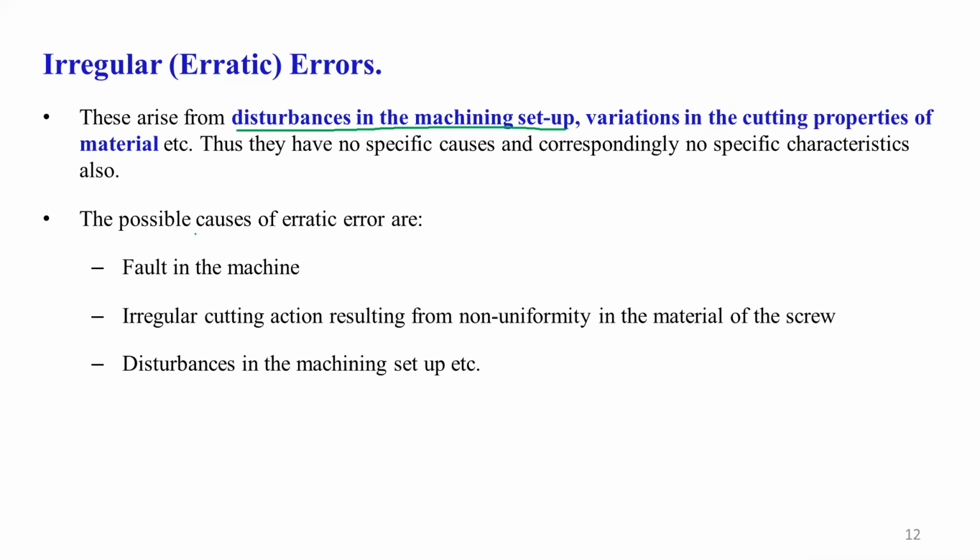The reasons for the irregular errors are: one is fault in the machine, and irregular cutting action resulting from non-uniformity in the material of the screw, and disturbances in the machining setup.